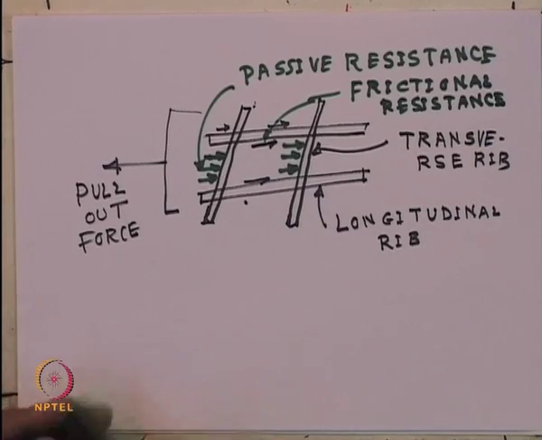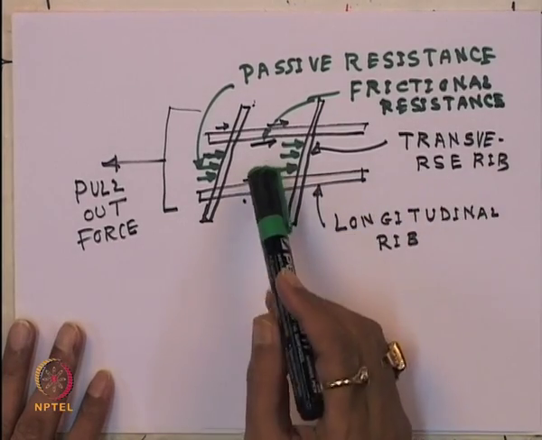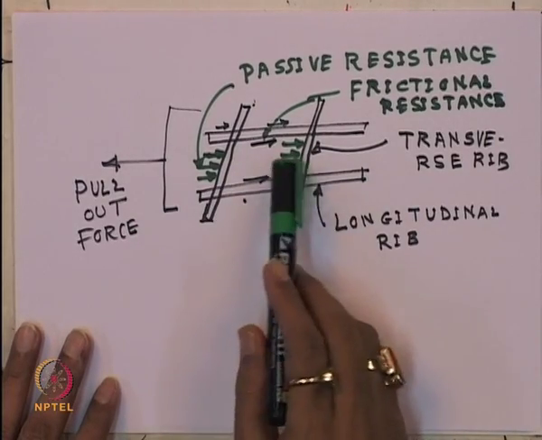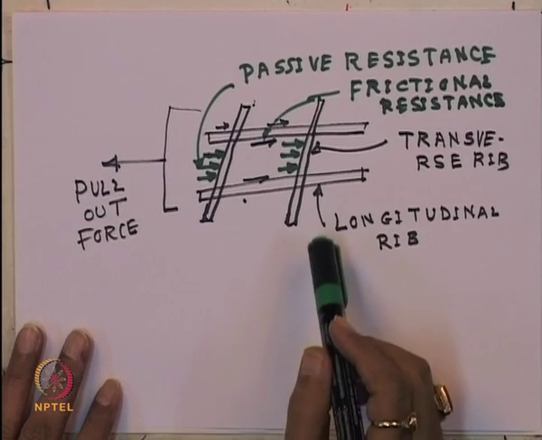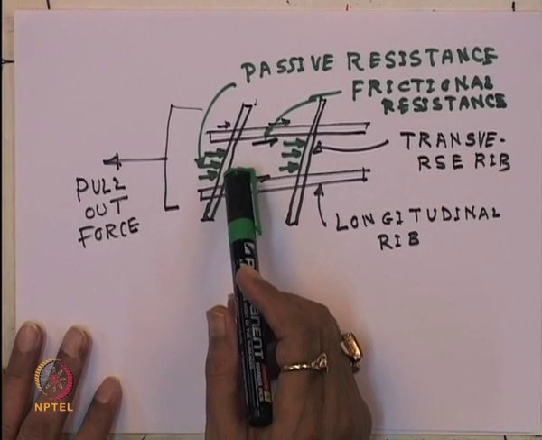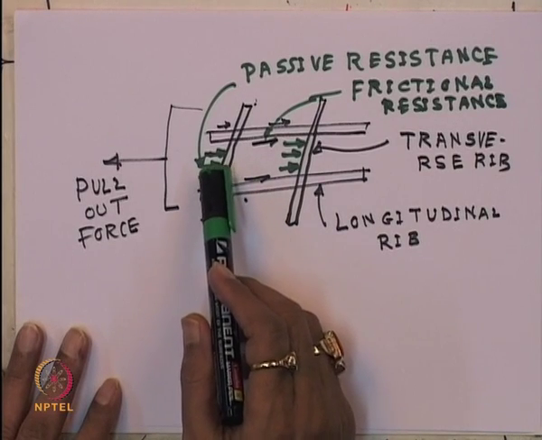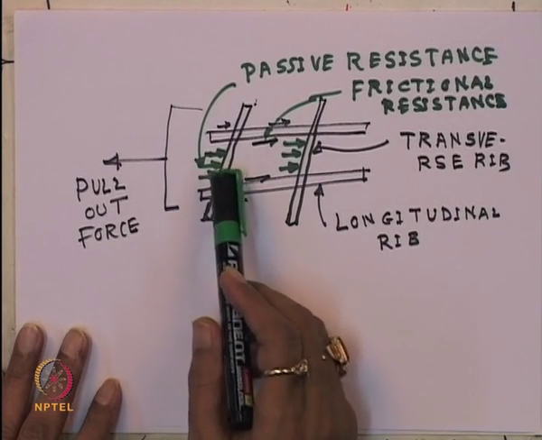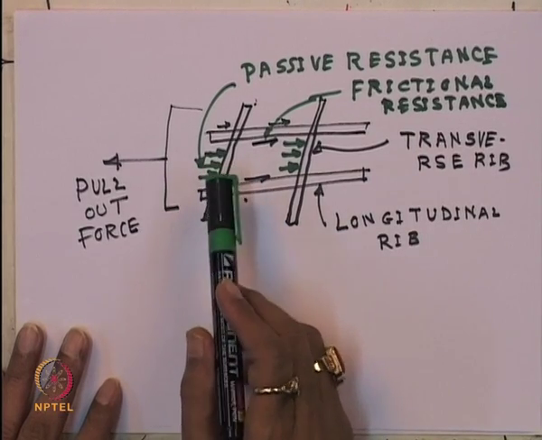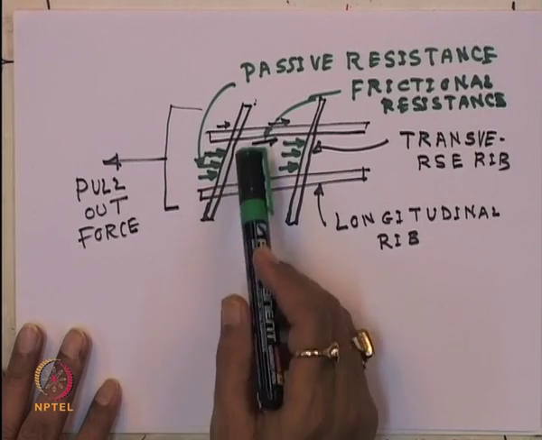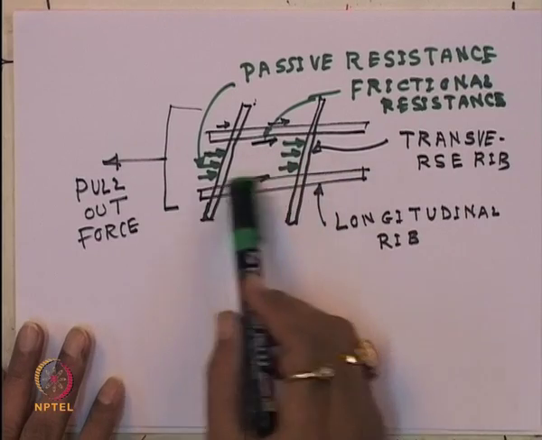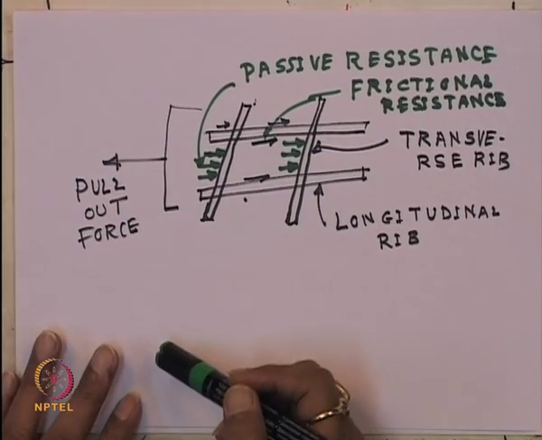So here we are showing the soil passive, that means bearing resistance of the reinforcement surface. So passive resistance means stresses are transferred from soil to the reinforcement by bearing between the two transverse elements against this soil.